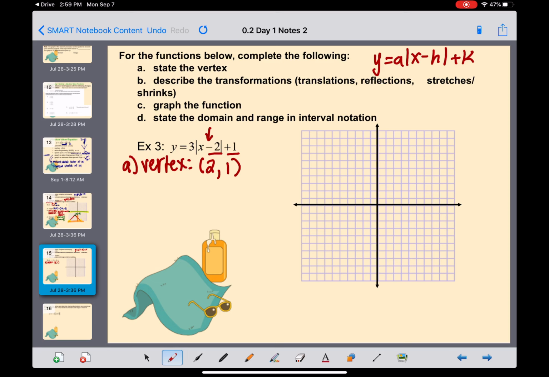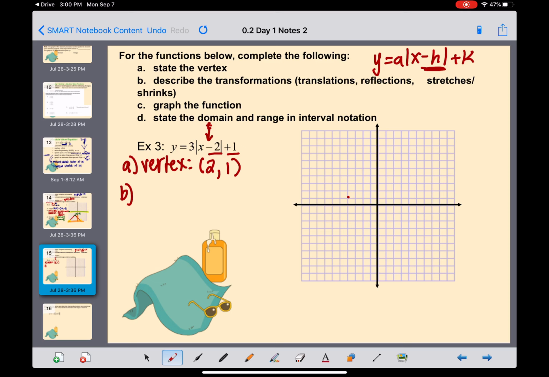Remember that inside those absolute value bars, we're thinking of it as the opposite of what you might think, because this is a +2 because the original equation is x minus h. So that's our vertex. That's also going to tell us what our translations are, just so you know.